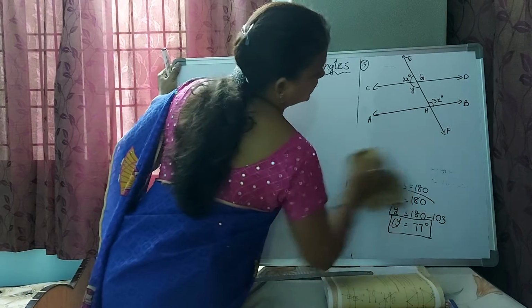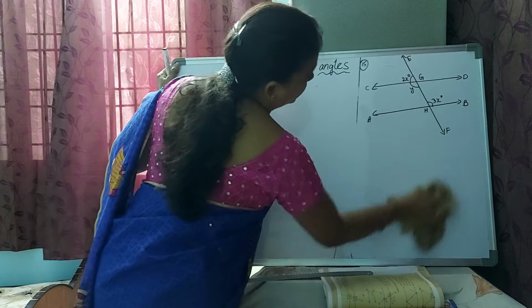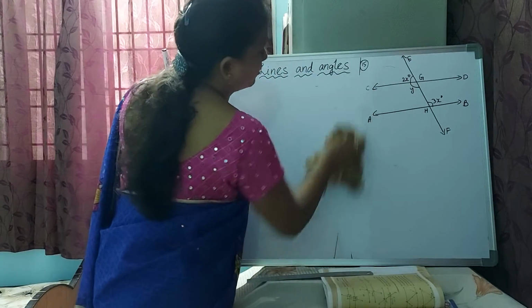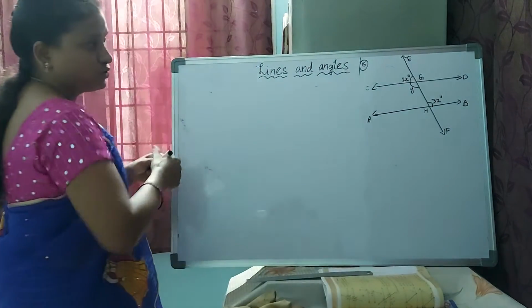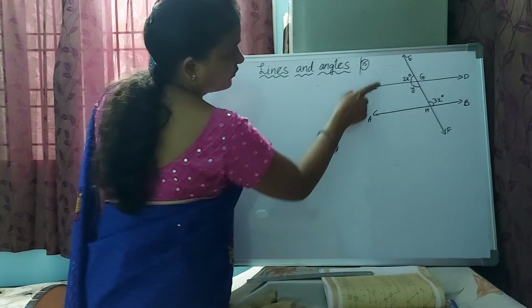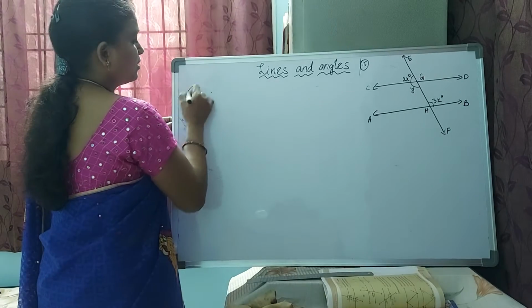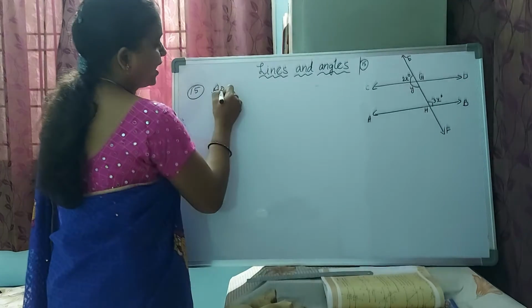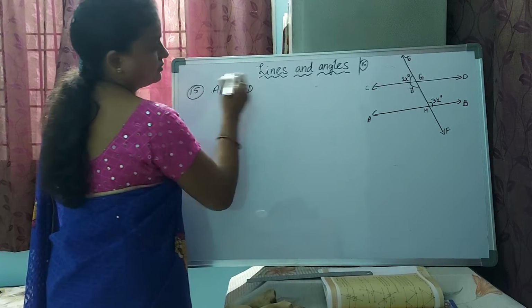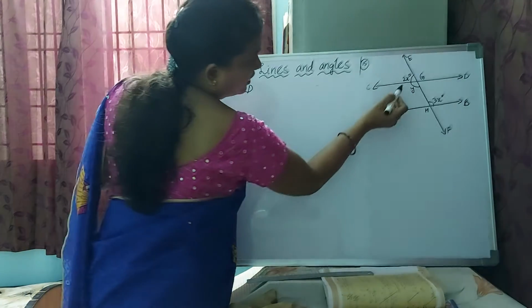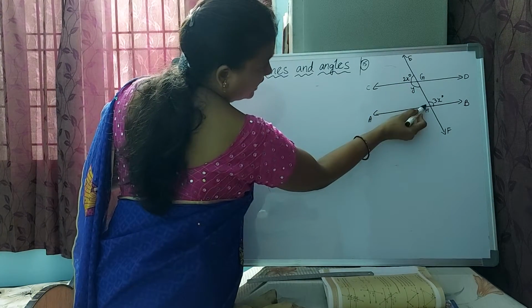Okay, see here also he has asked you to find out the x and y values. AB is parallel to CD, that is given. This angle is equal to this angle, no? Why?